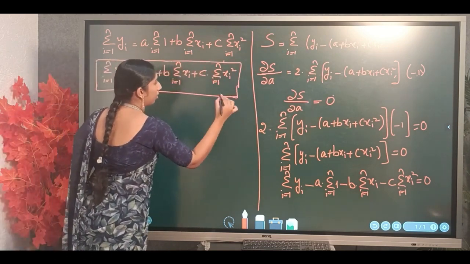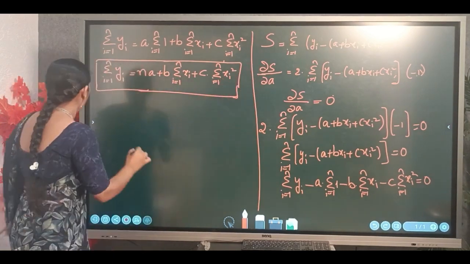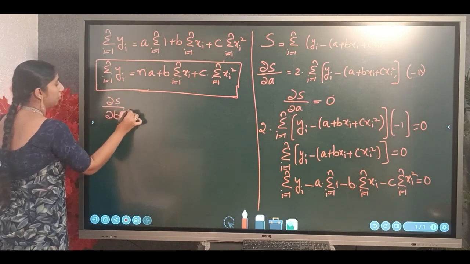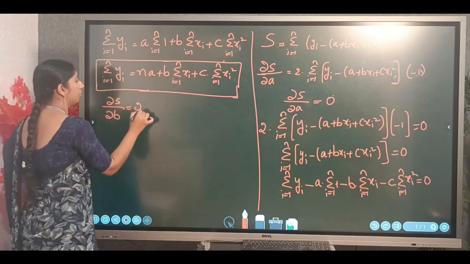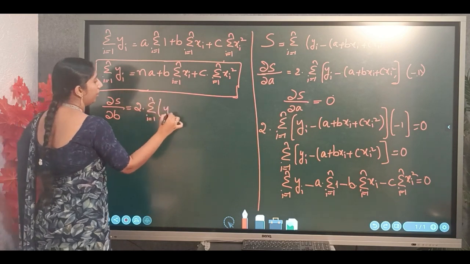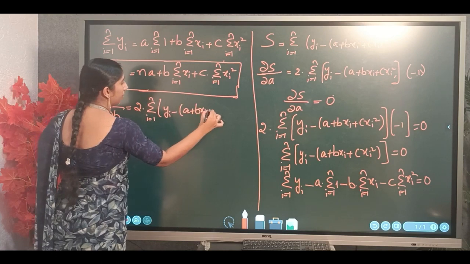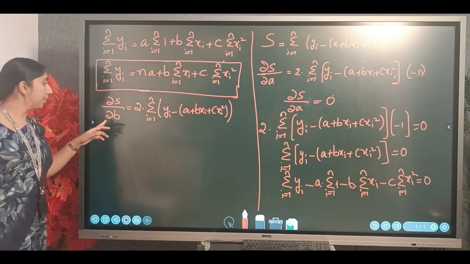Okay, now here we are differentiating with respect to a. And secondly, what we have to do? We have to differentiate with respect to b. Same, here also the formula x square. That means 2 into summation i equal to 1 to n of yi minus a plus bxi plus cxi square. But we are differentiating with respect to b.